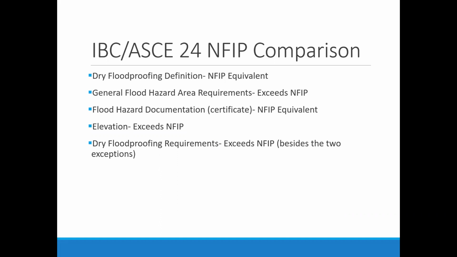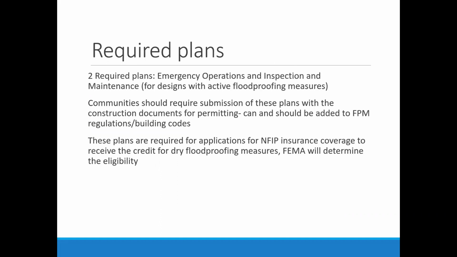They put limitations on how many active measures you can have. And then there's a requirement to also have an emergency escape access that's above the dry floodproofing design. As I mentioned, there are 2 required plans: emergency operations, and inspections and maintenance plans.